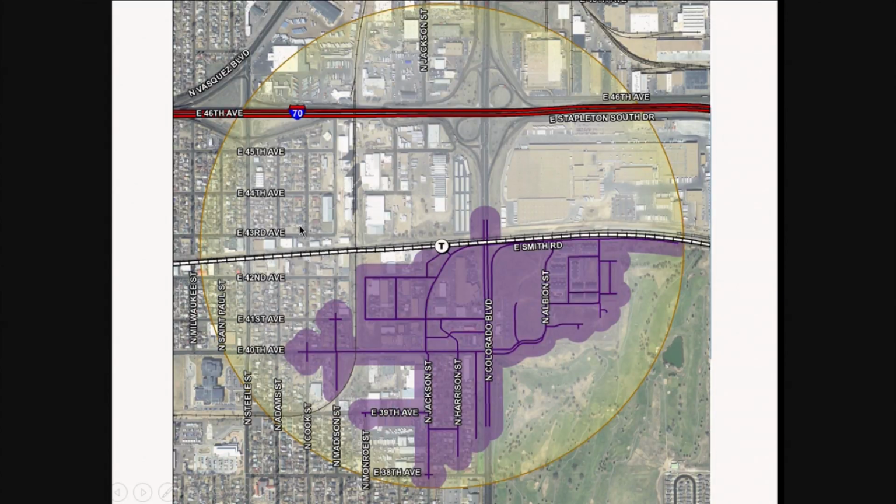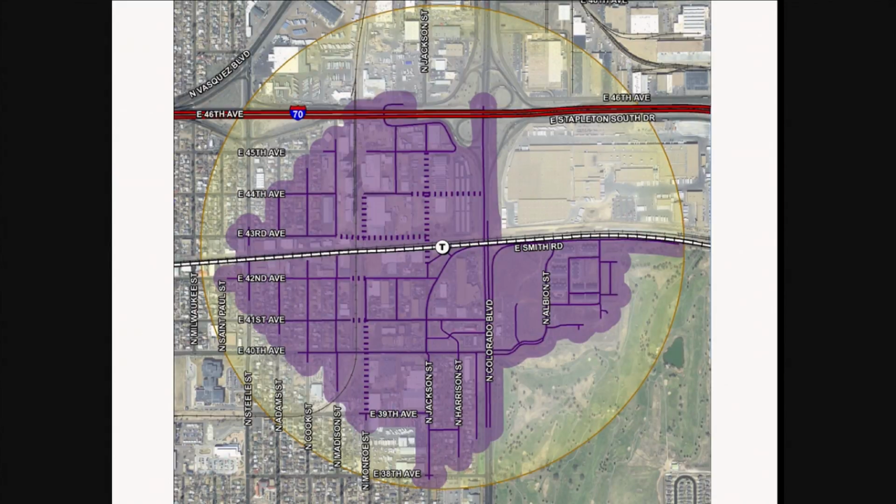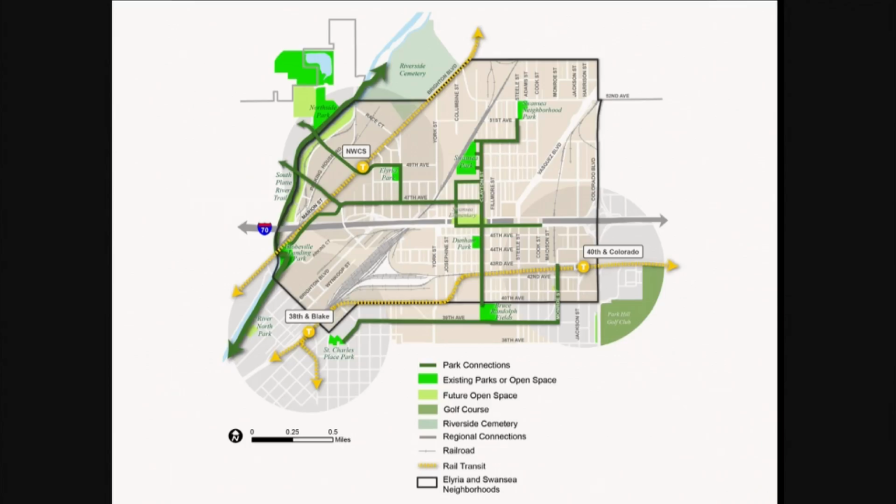The person who lives here on 43rd, to get to the station, would have to walk down to Steele, all the way down to 40th, across 40th to Jackson and north to the station. And so the plan included a number of new street connections and sidewalk improvements. And this is the area that's now within that 10-minute walk with those new connections. So these are things we talk about during the planning process.